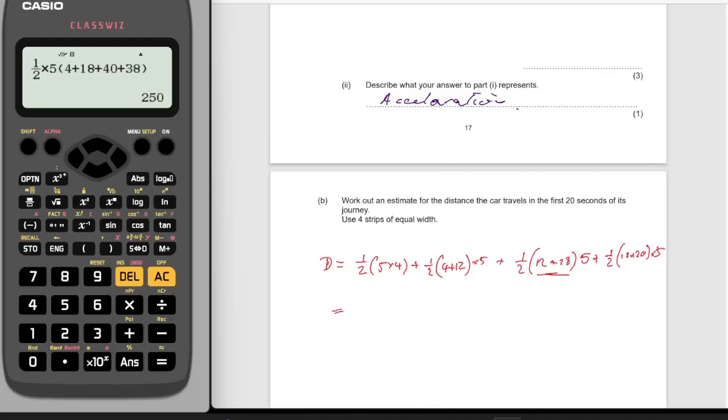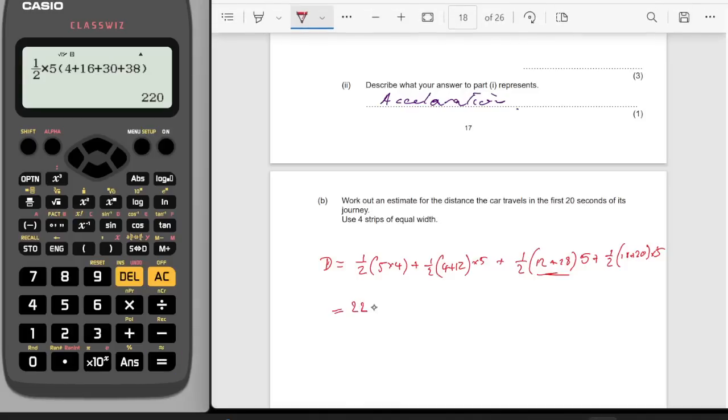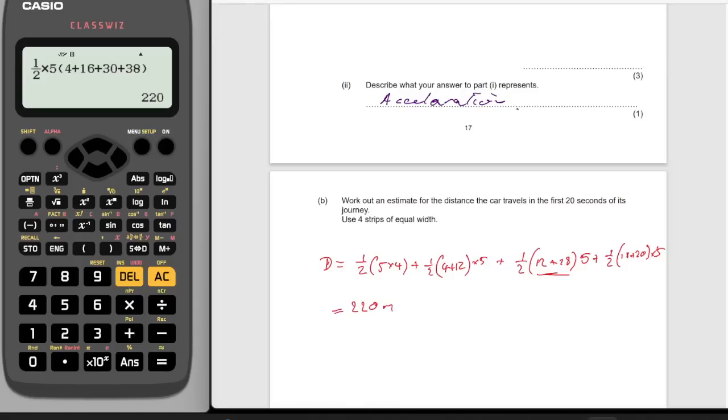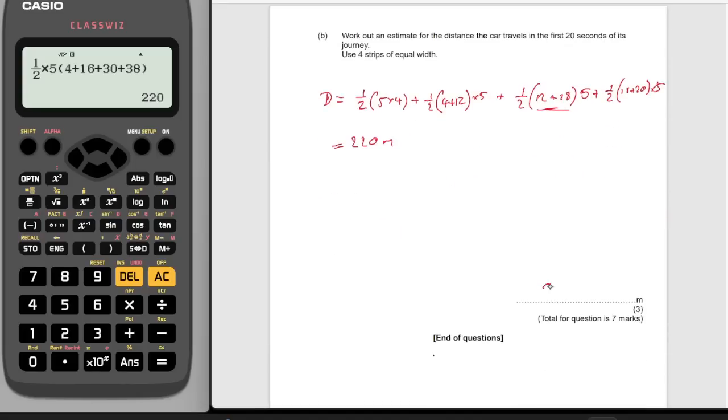Feel like I've made a mistake there. 4 plus, that should have been 16. There's a mistake. 12 plus was 30. Let's try that one. There we go. 220 meters. So 220 meters.